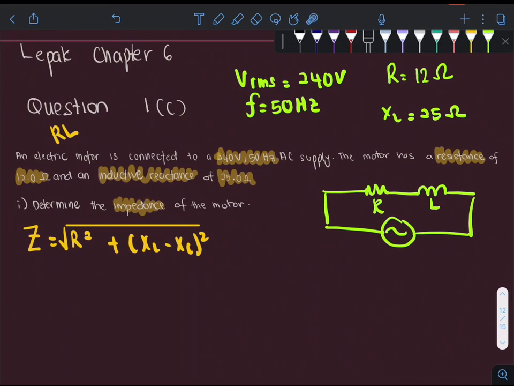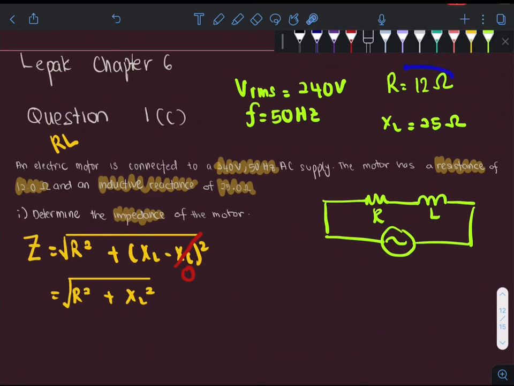However, in our circuit, we only have component resistance and inductor. Therefore, we will not have any value for the reactance of the capacitor since there is no capacitor component in the circuit. So our equation now becomes the square root of R squared plus XL squared, which now suits the circuit that we have for combination of R and L here.